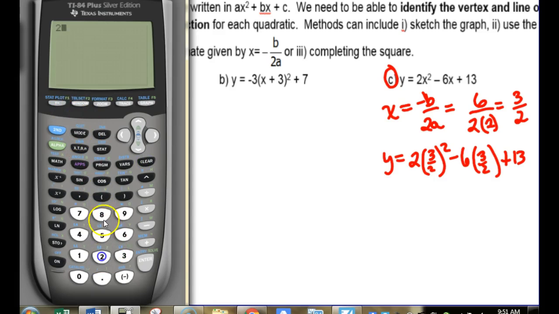All right, 2 times (3 divided by 2) squared minus 6 times (3 divided by 2) plus 13, 8.5, or 17/2, did I say? Okay.